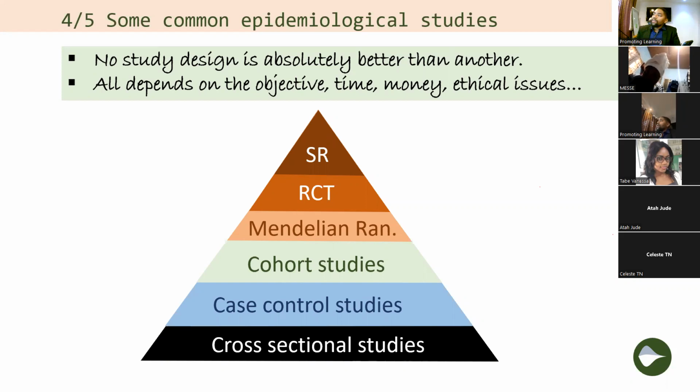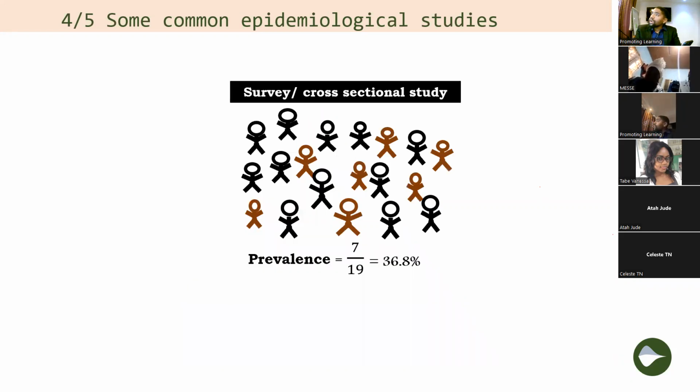Okay. Let's dive in. Let's just look briefly at each of these study designs. So surveys or cross-sectional studies are studies where we don't care about whether the participants have an outcome or an exposure.